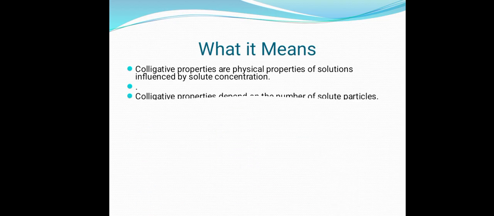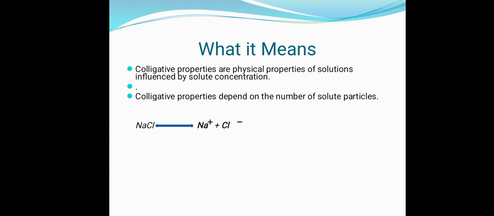So the colligative properties depend on the number of solute particles, right? By that we mean that when a solute is dissolved in a solvent, it forms particles. For example, ionic solutes like sodium chloride dissociate in water and form sodium ion and chloride ion.